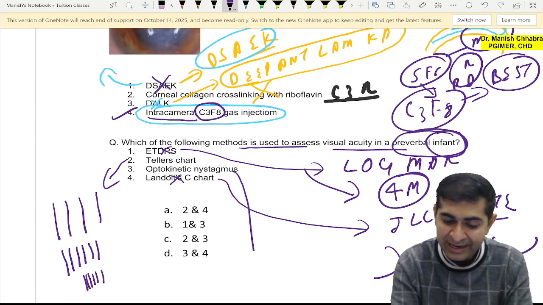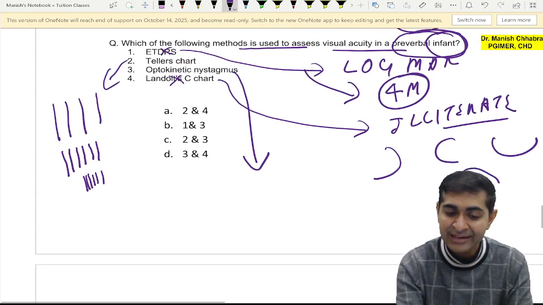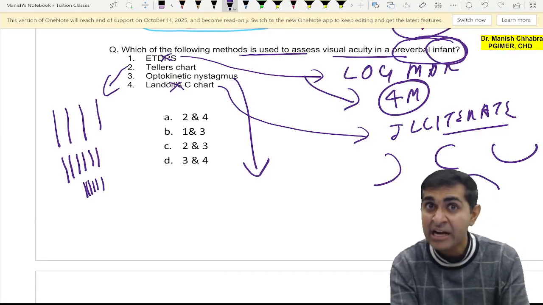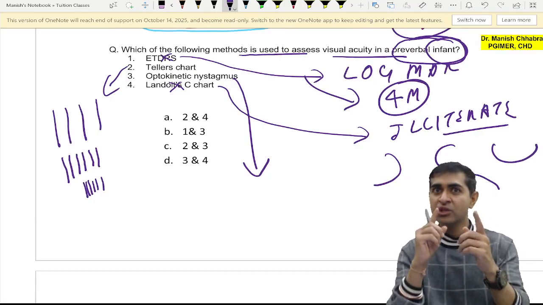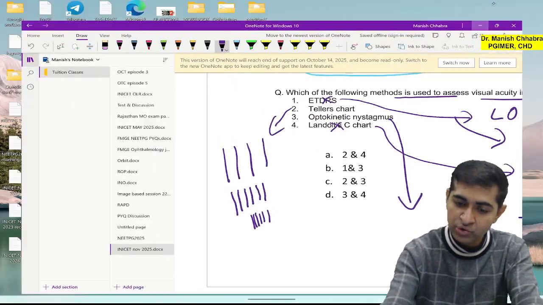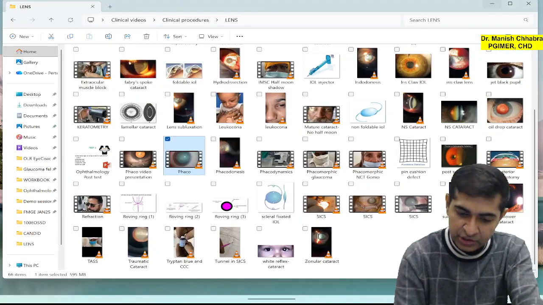And what is optokinetic nystagmus? Optokinetic nystagmus works on the basis of saccades and pursuit movements. There is a black and white striped drum which is rotating. Wait, I am just going to show it to you. It will clear your concept.